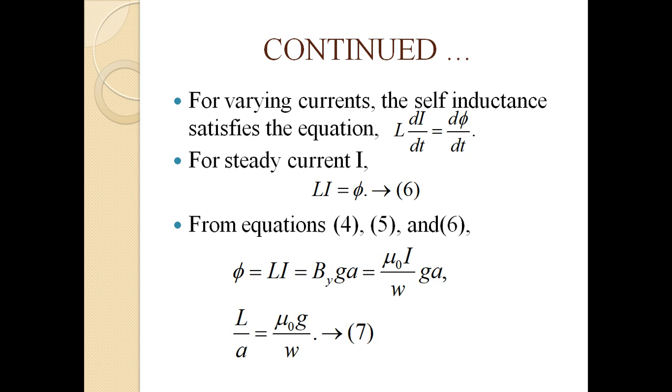For a steady current I, this equation takes the form LI equal to phi. From this equation, we can see that the flux phi equal to LI, which is equal to B by GA, which is equal to mu 0 I by W GA. Rearranging the expression, L by A, that is the inductance per unit length, equal to mu 0 G by W.